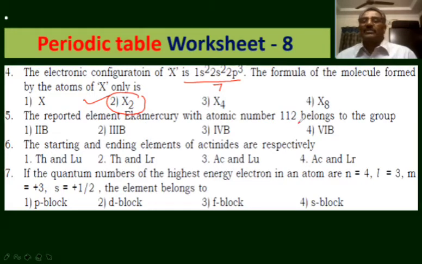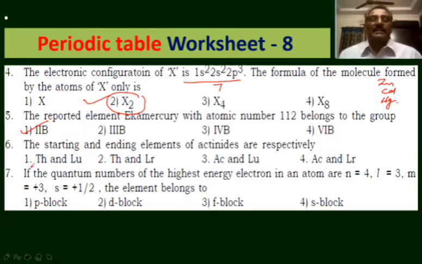So what is the group in which that element belongs? You know that mercury belongs to the 12th group. We just discussed that zinc, cadmium and mercury belong to the 12th group. So the newly discovered element eka-mercury also belongs to the 12th group, that is the IIB group.